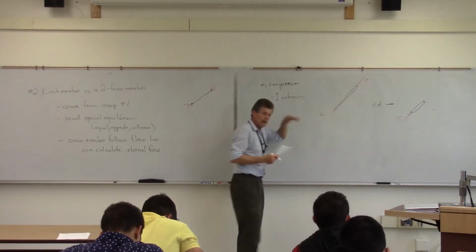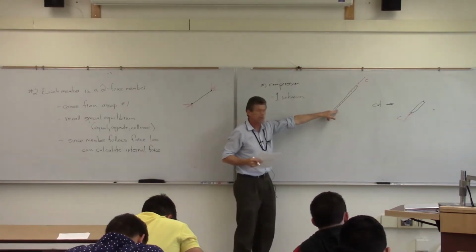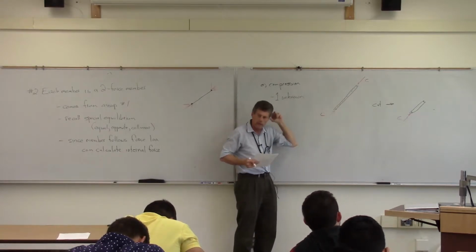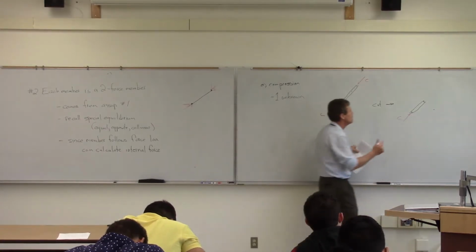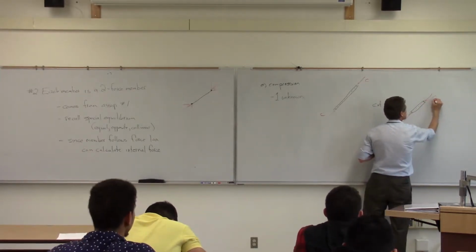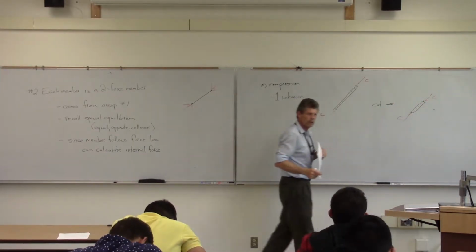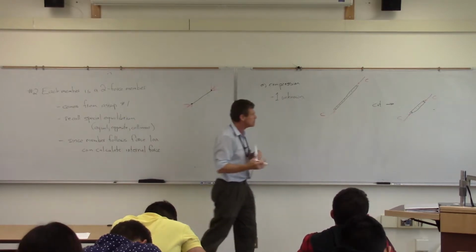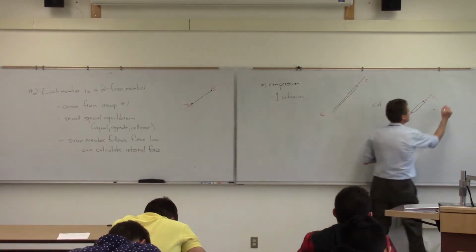When I cut my member, the end force doesn't change because this whole member has to be in equilibrium. But when I cut my member, what I find then is I can calculate an internal force of that member because it follows that line of action.